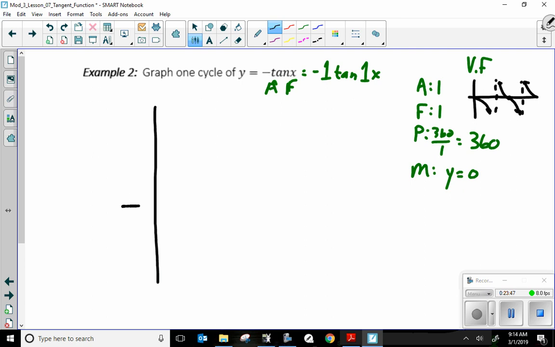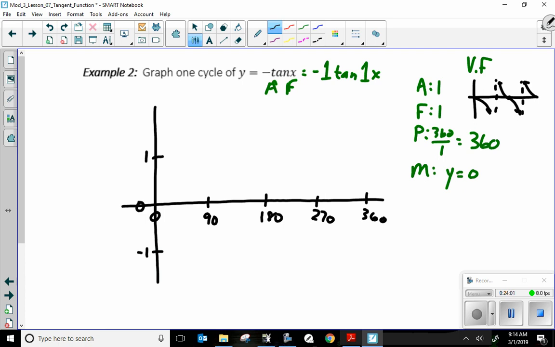Here's 360. Here's half of that, which is 180. Here's half of that, which is 90. And then 270. We start at 0, then 1, negative 1, and 0 on the y-axis. I still start at 0, and I end at 0, and the middle is on the midline, just like sine.